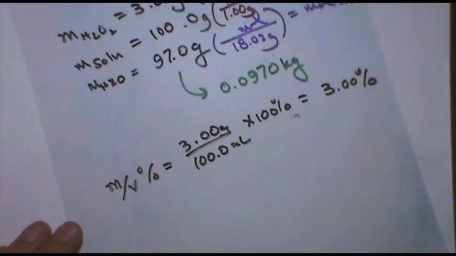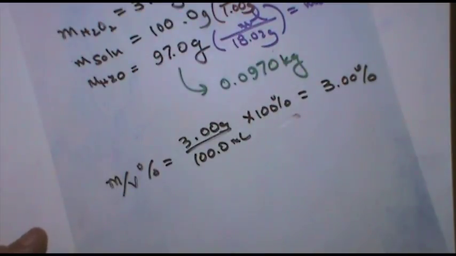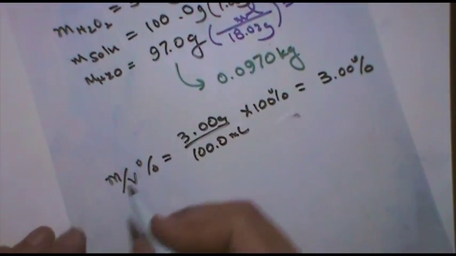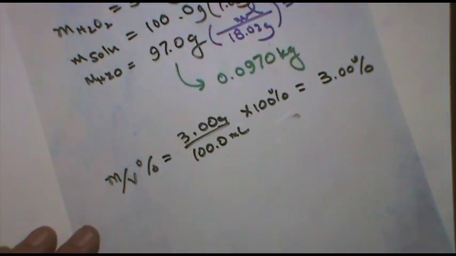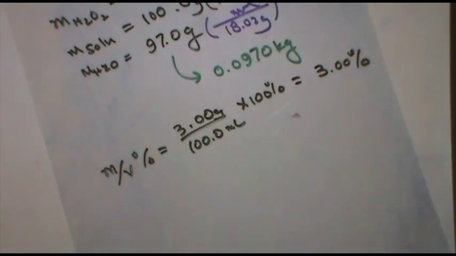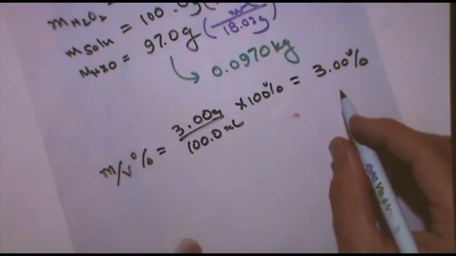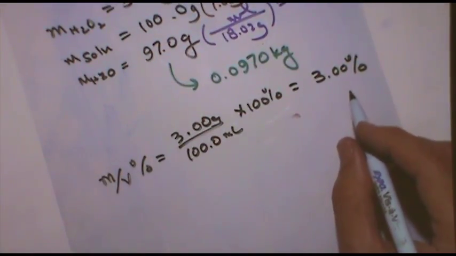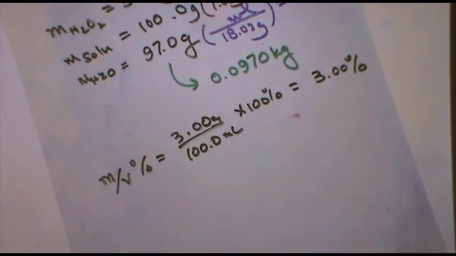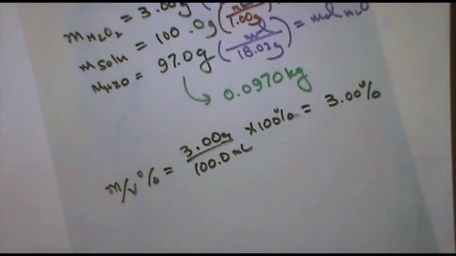Anything? You want to do another one? Oh, did I miscalculate? I could have. You got 30 here? Did I do the 100 right? Did I do everything other calculations right?